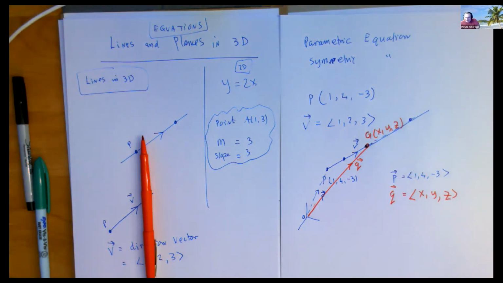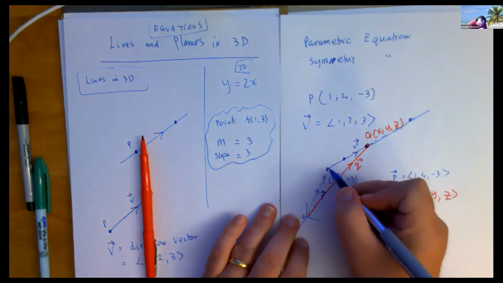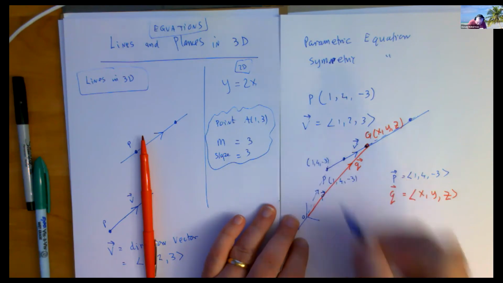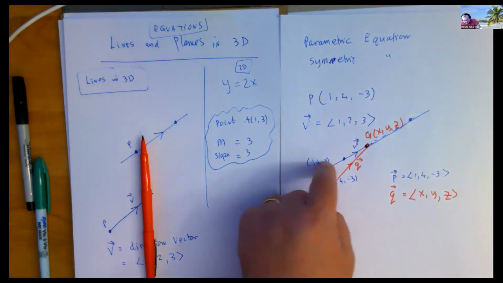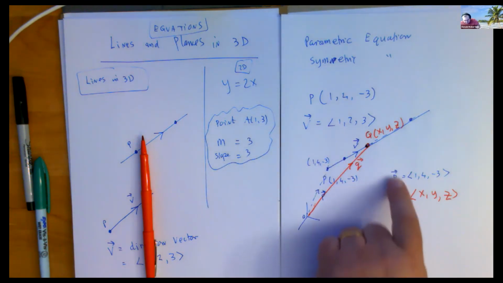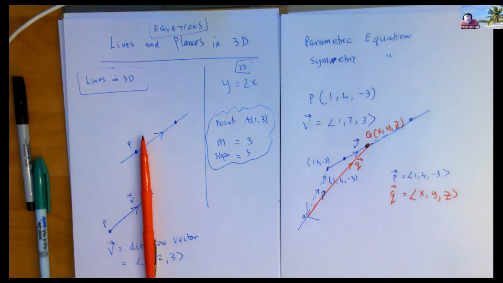So far, so good. So I have got a starting point which is fixed. This point here has coordinates 1, 4, -3, and it's got a position vector. I got a vector V, which is this fella here. And now we're going to look at how these two are related to each other.